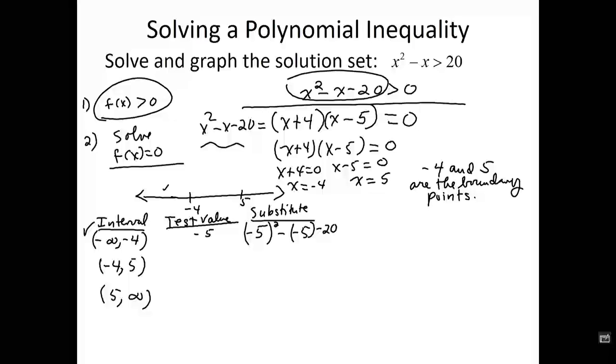If we do this, what do we get here? We get 25 plus 5 minus 20, which is 30 minus 20, which is 10. And we find that it's positive. So let's keep track of our conclusions in each case.